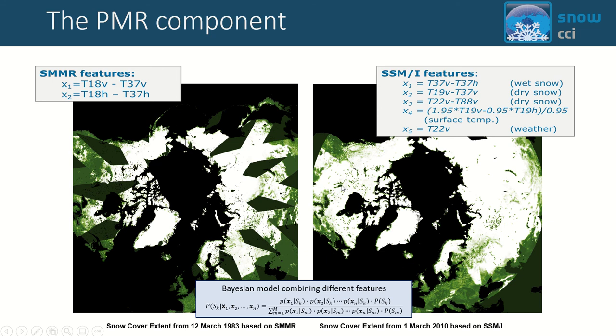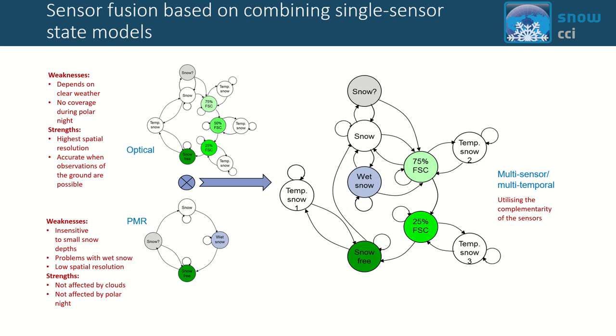And for the passive microwaves, using SMMR data and SSM/I and SSMIS data, we use a similar approach, having a set of features with the most comprehensive set for the SSM/I and SSMIS sensors.